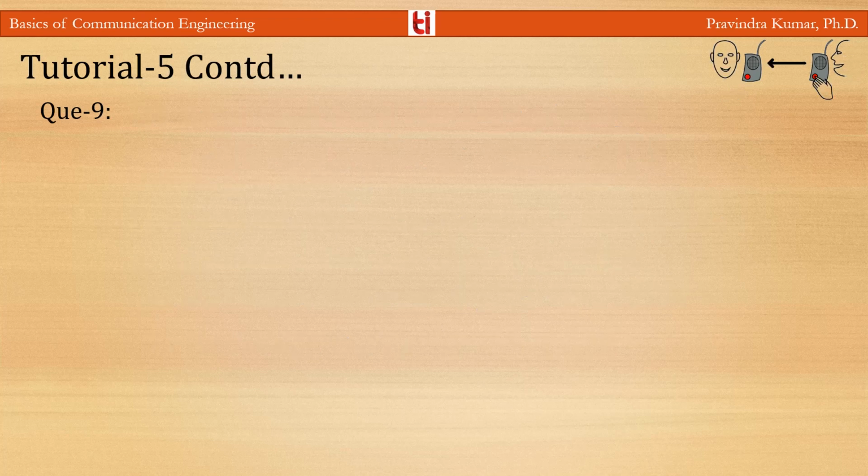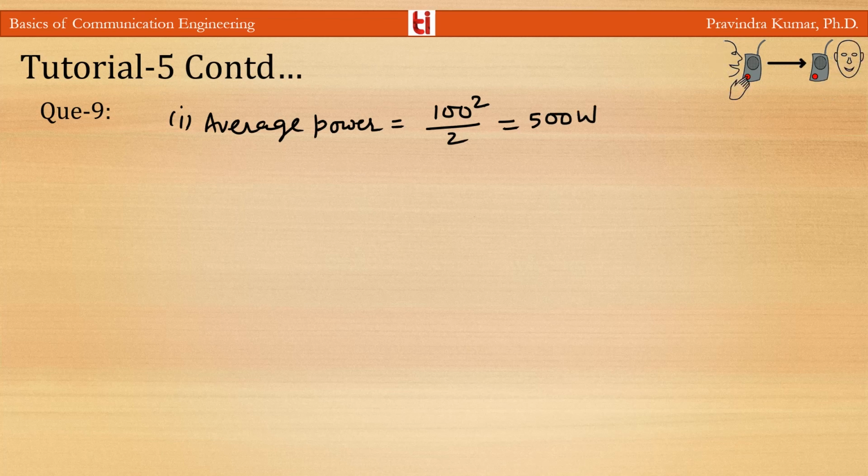So mathematically the average power will be 100 square by 2, or 5000 watt, and the peak phase deviation is 4 radian.